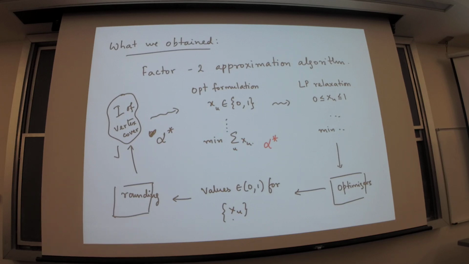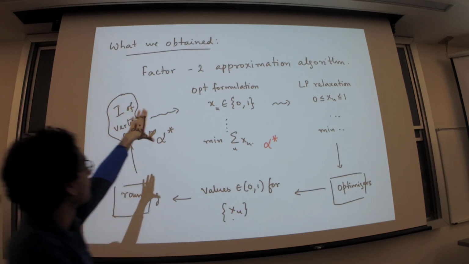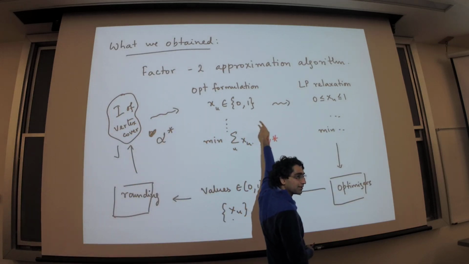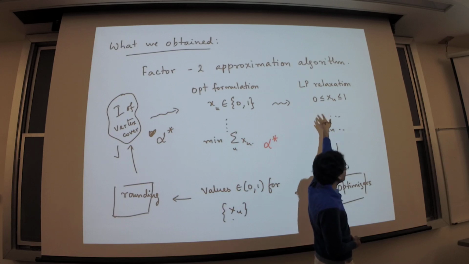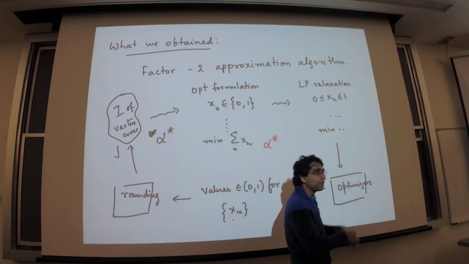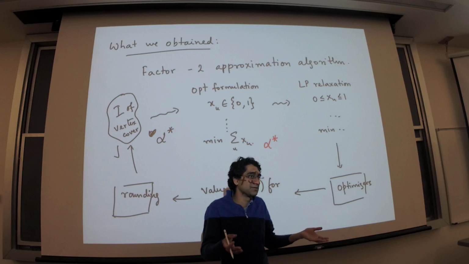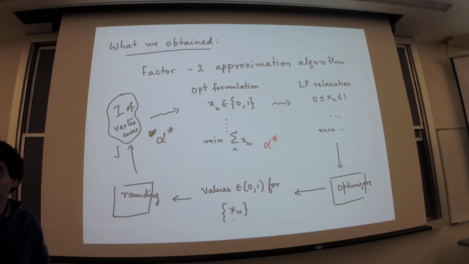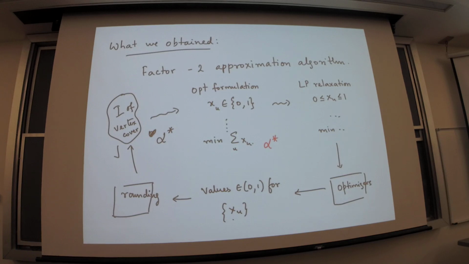Because you started with this formulation. The only thing you have changed is you've changed x_u belongs to {0, 1} to x_u between 0 and 1. So you've added a few more potentially feasible solutions. And it's a minimization problem, so the value only drops. It may strictly drop, it may not. So what you know is that this is at most alpha star.